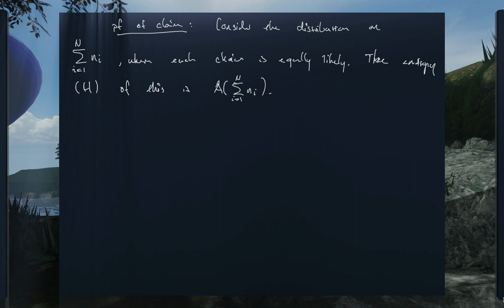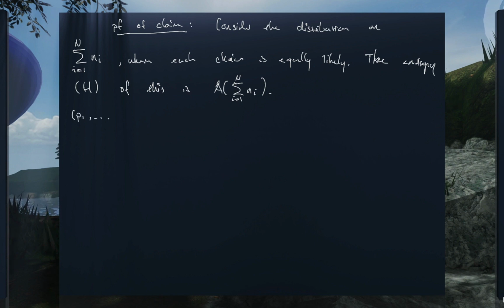Now, our original distribution can be obtained from this distribution by grouping the first n1 events together, the next n2 events together, the next n3 events together, and so on, right? Using 3, right?